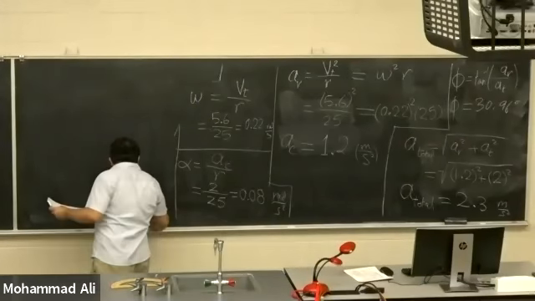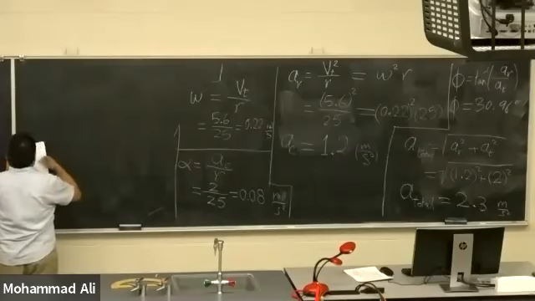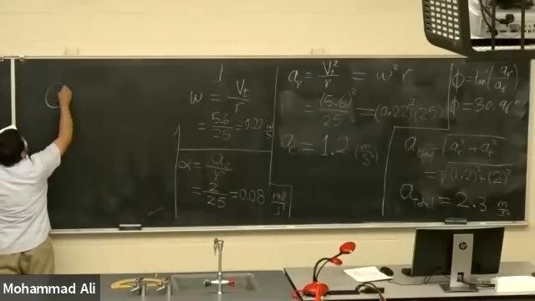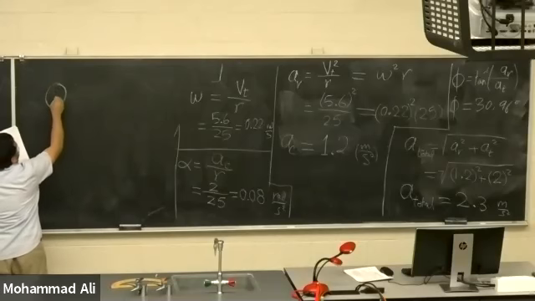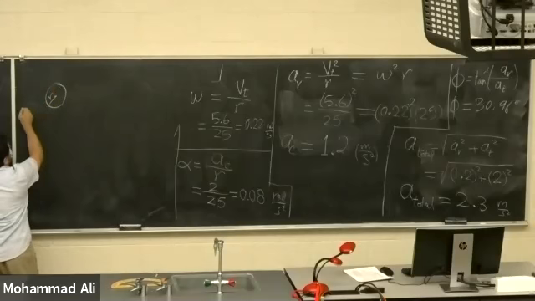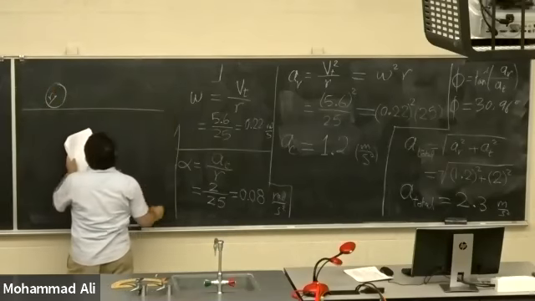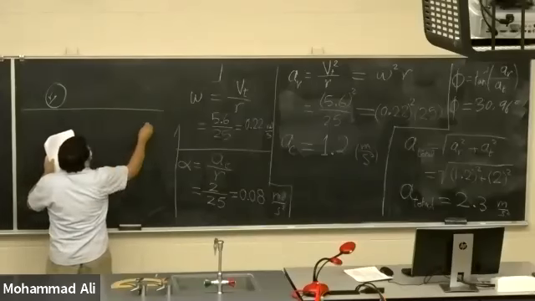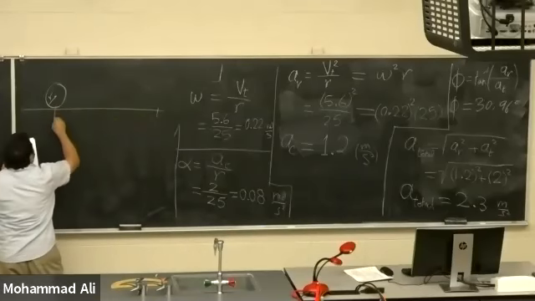If we have a car, we have another example. If we have a car that has a tire with radius R, it will pass a distance.